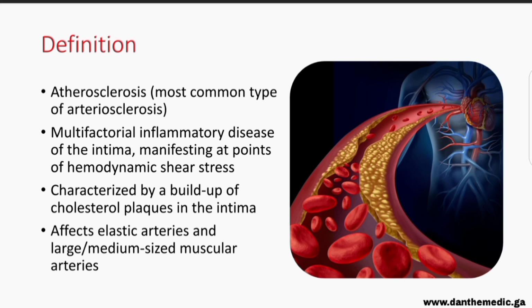Atherosclerosis is a multifactorial inflammatory disease of the intima manifesting at points of hemodynamic shear stress. So what this means is that when there is stress exerted on the intima, you have all these small microscopic tears that over time result in accumulation of inflammatory factors, be it lipids or some other things that we'll get into later.